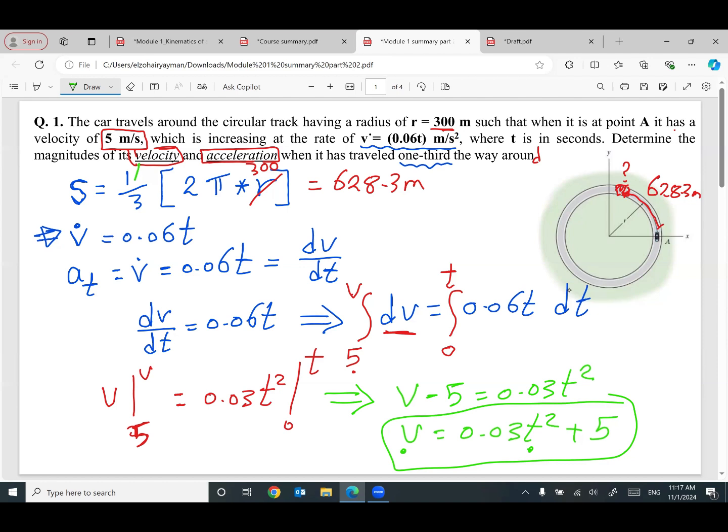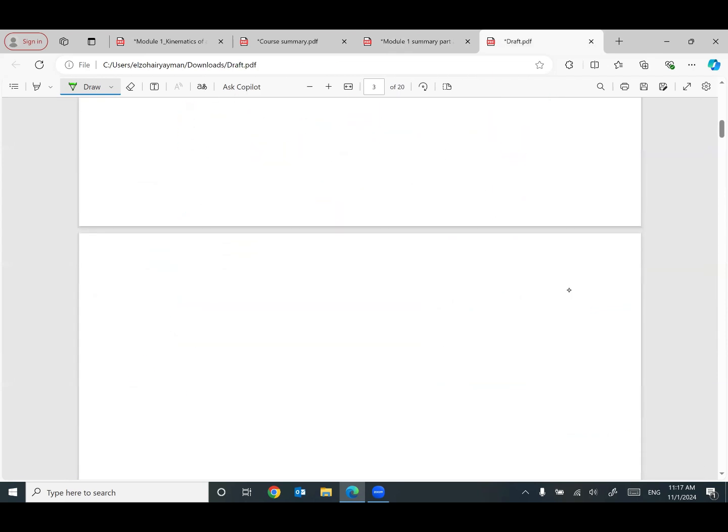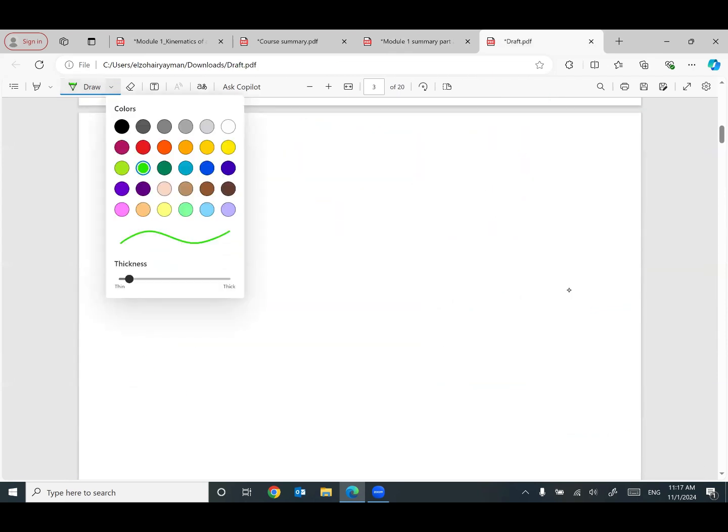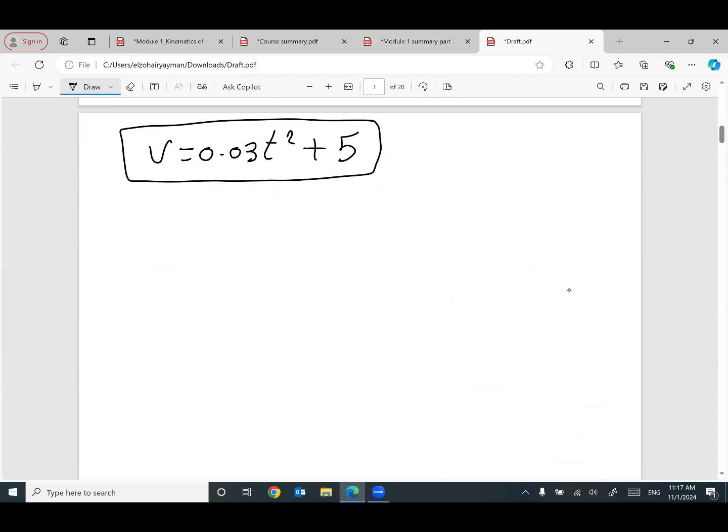If you do one more integration, because right now I do have your velocity equal to 0.03 t square plus 5. Does that make sense? So your velocity also equals s dot.